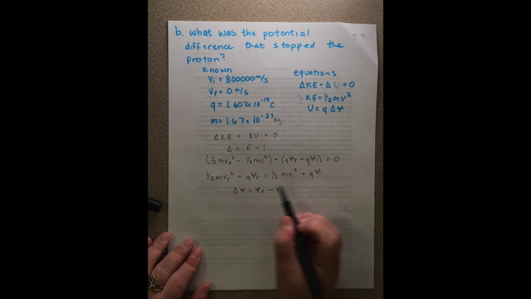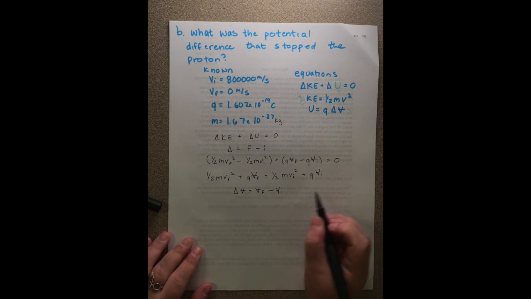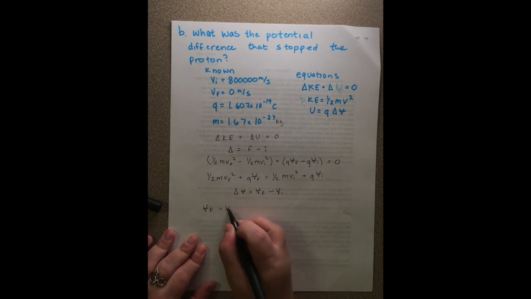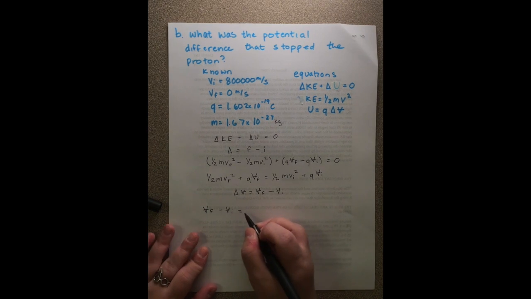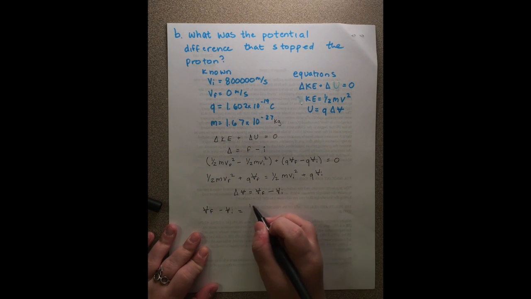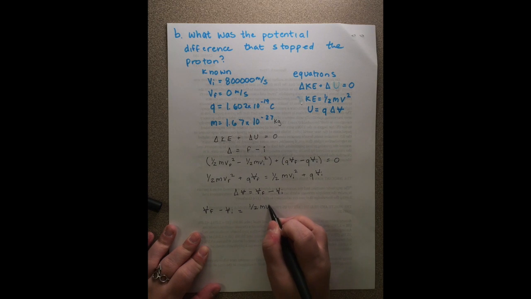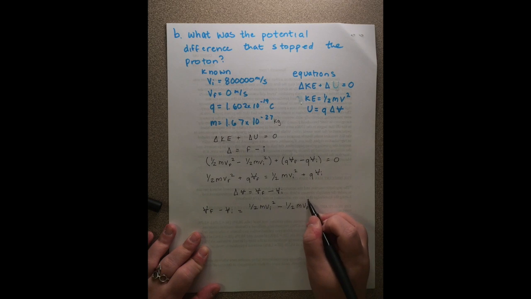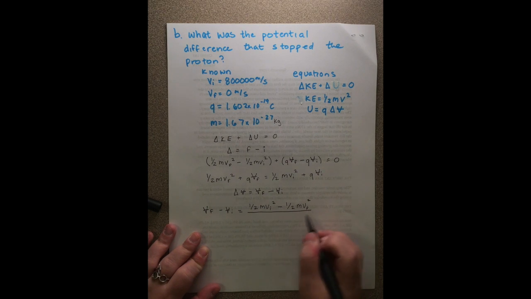So rearranging this, solving algebraically to get V final minus V initial, we get V final minus V initial is equal to 1/2 mass velocity initial squared minus 1/2 mass velocity final squared, divided by charge.